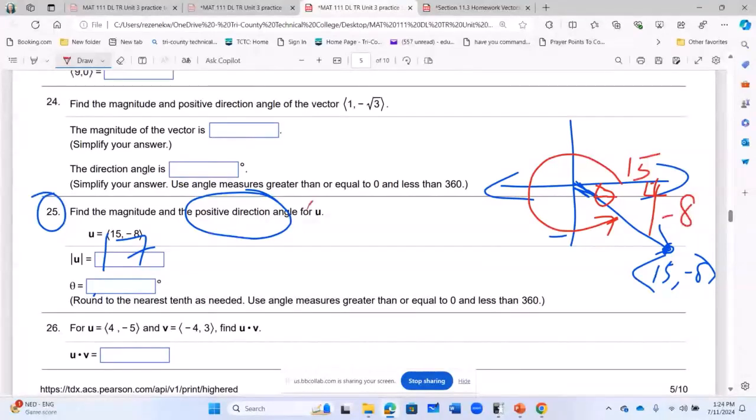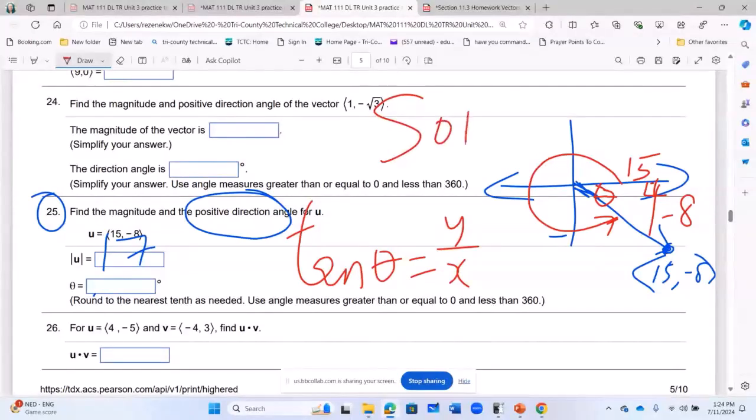So tan theta is equal to, by the way, we are using y over x. Y over x, opposite to theta over adjacent. Remember SOHCAHTOA.